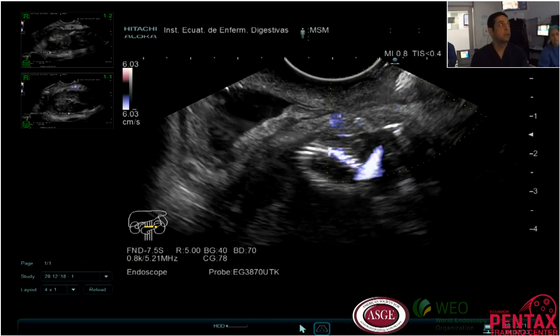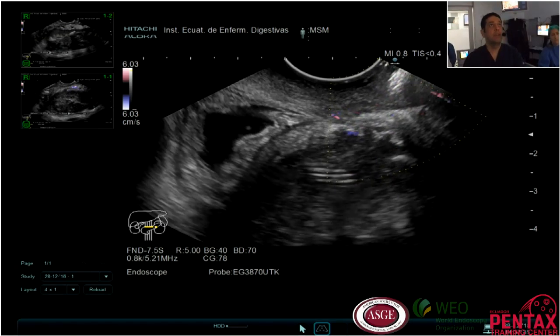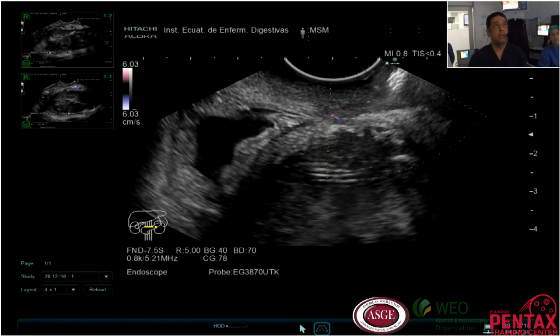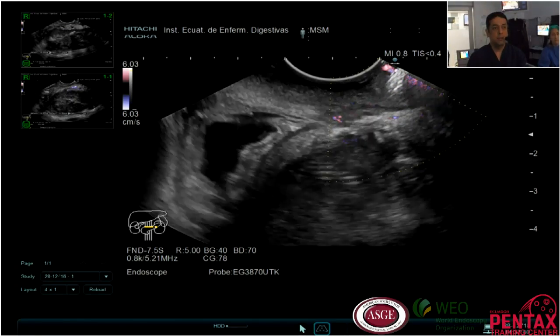So now I don't know if we can see, ¿podemos mostrar la imagen de la endoscopía, por favor? So I can see very well my Axios. Okay. Ahora quiero ver la imagen del ultrasonido. So I am very well. You see here?